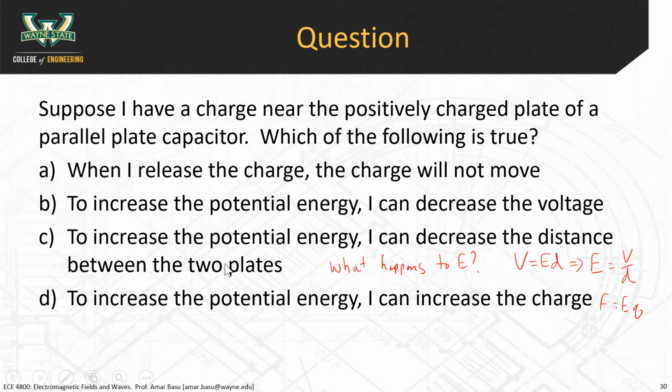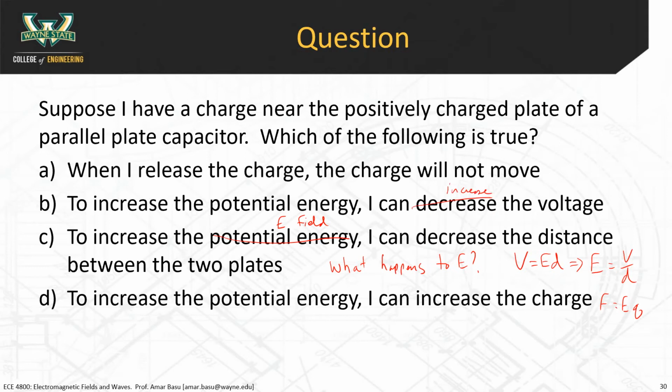All right, so this is the choice that to increase the potential energy, I can decrease the distance between the plates. This would be true if this said the electric field. If this was the electric field, then this would be true, because it would increase.